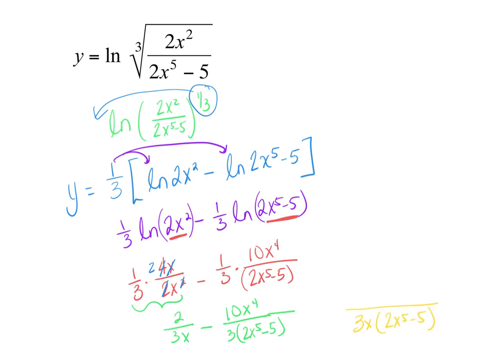That's my common denominator, right? Both of them already have a 3, so I don't have to worry about that. I need to multiply this 2 by the 2x to the 5th minus 5. And I need to multiply this 10x to the 4th by that x to get that common denominator.